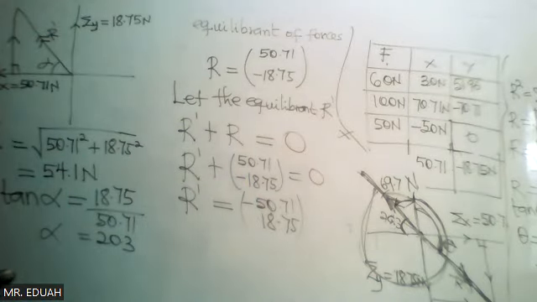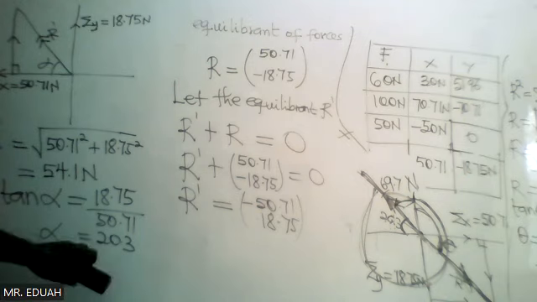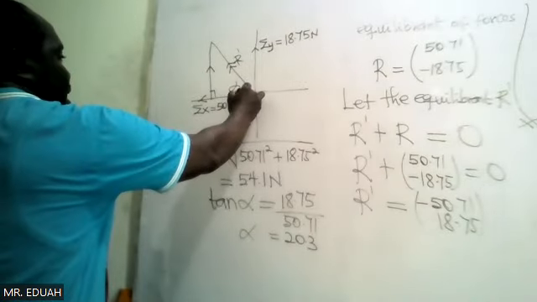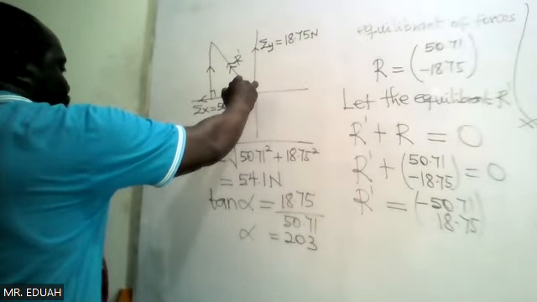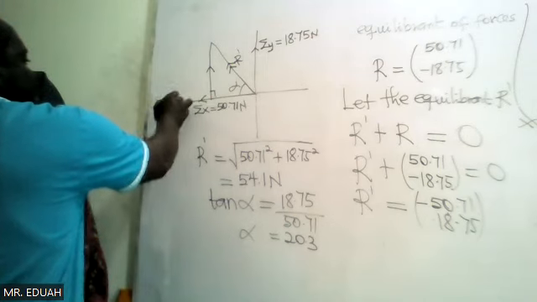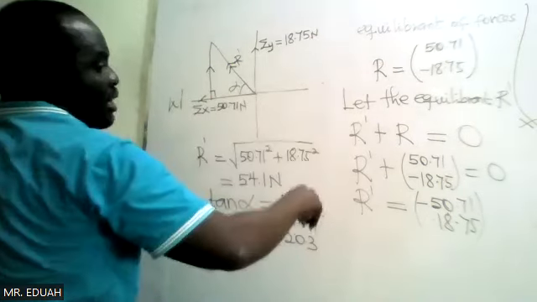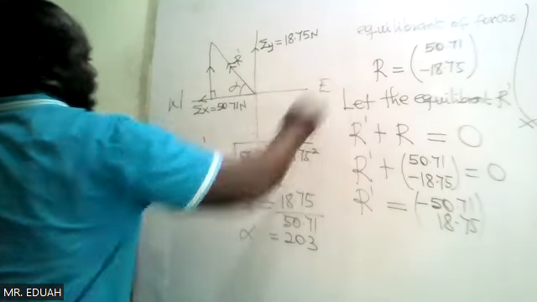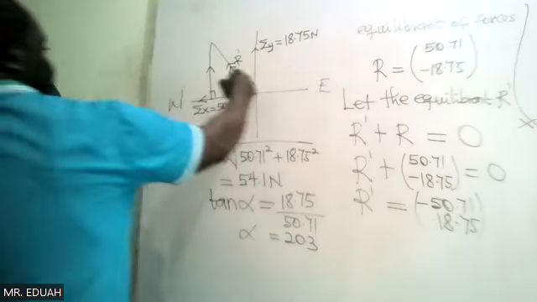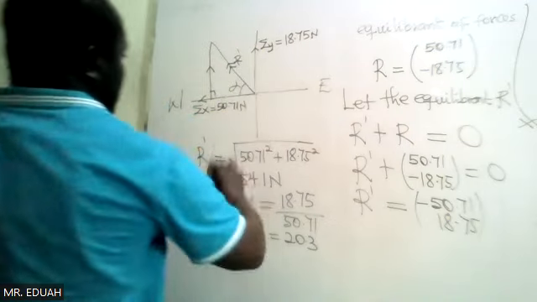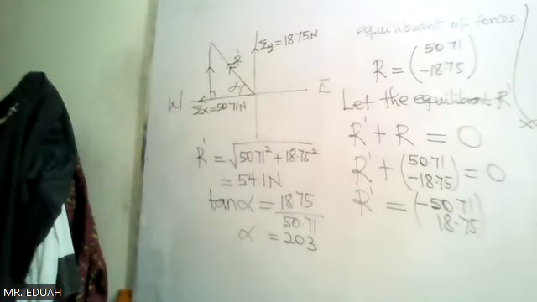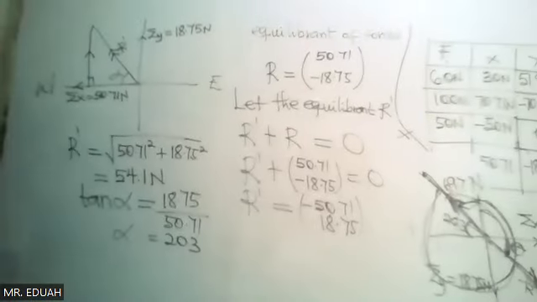But what this means is that this theta we are getting is an angle of 20.3 degrees from the west. It was from the east or x. When we measure this angle from the west, we get the direction of the equilibrant.